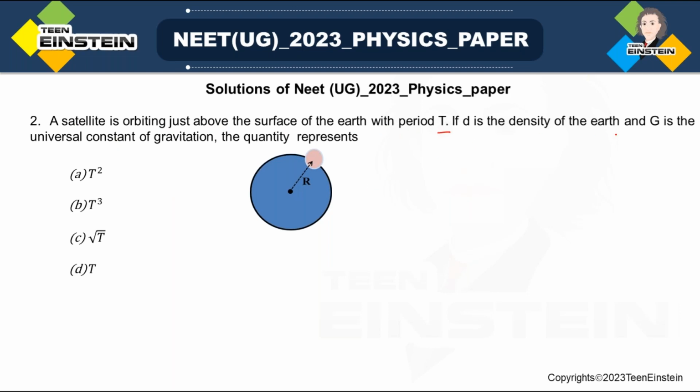If d is the density of the Earth and G is the universal constant of gravitation, the quantity 3 pi by G into d, where d is density, this quantity represents what?